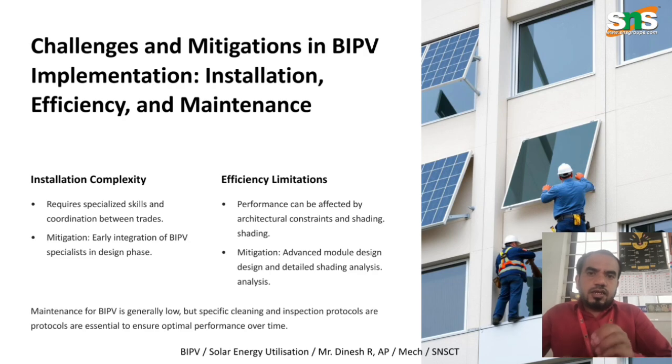That's an important thing we have to consider. Advanced module design and detailed shading analysis are required for the BIPV system. Maintenance for BIPV is generally low, but specific cleaning and inspection protocols are essential to ensure optimal performance for a long period.